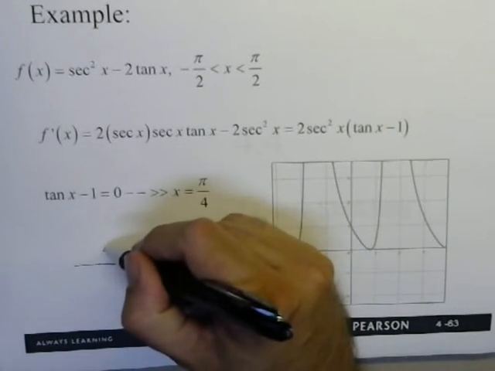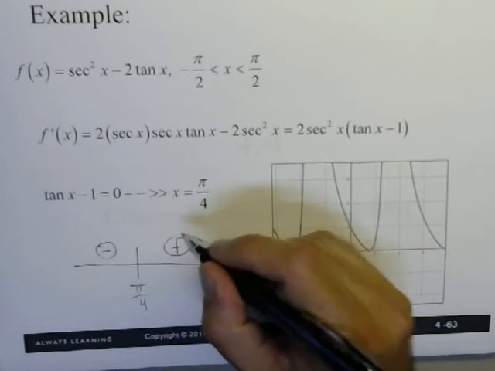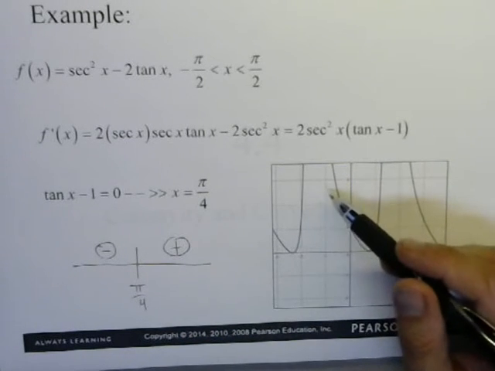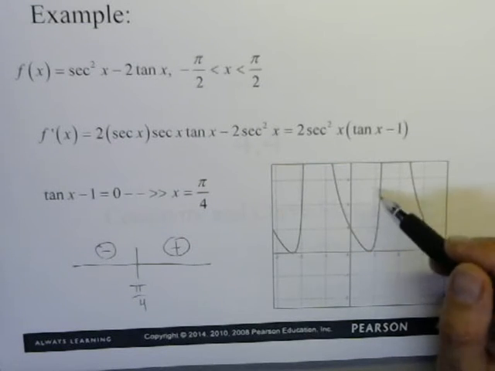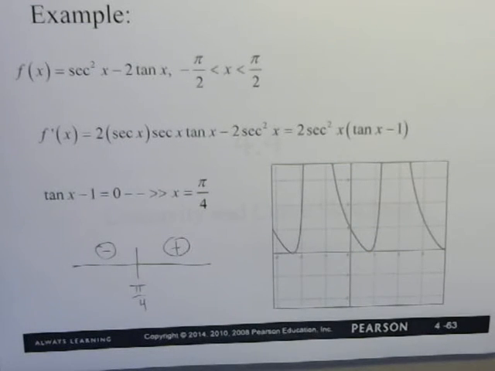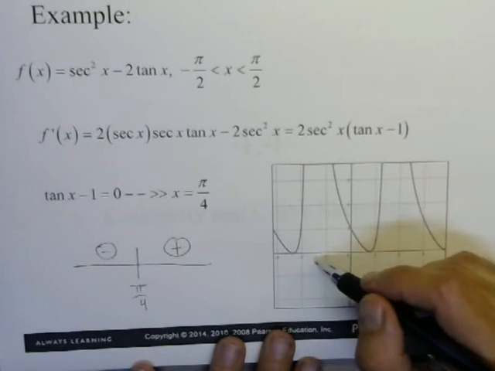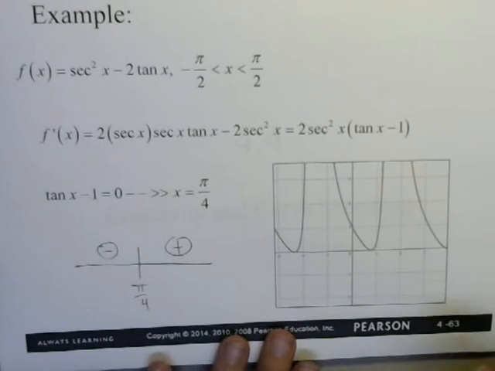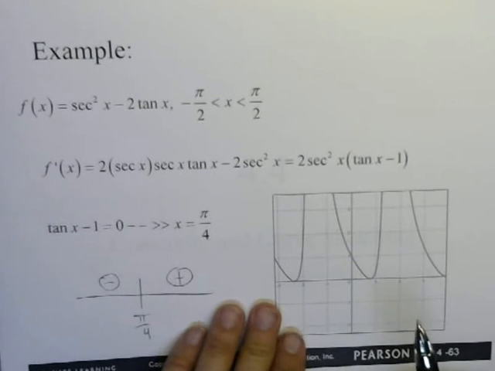And if I pick a value to the right of pi fourths, it'll make the derivative positive. And you can kind of see that from the graph. Here's the graph coming in here. Here's positive pi fourths, and then it goes up like that. And that should be the only value between negative pi halves and pi halves. And you can see that that's a local minimum.